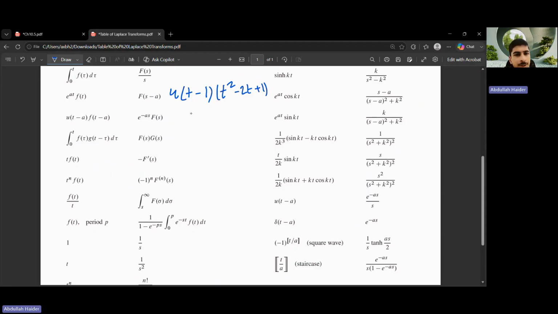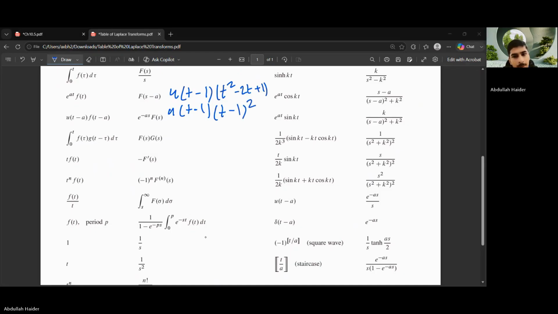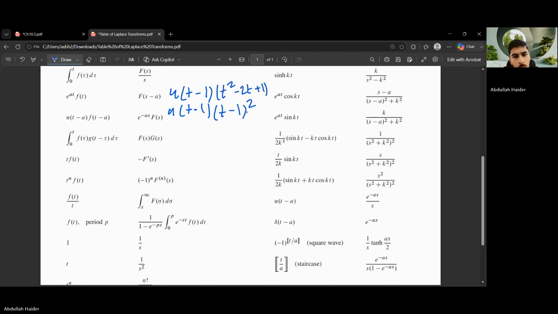So what you can do is, this can actually be rewritten in terms of u(t minus 1) as (t minus 1) squared.